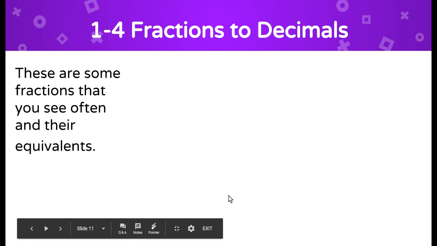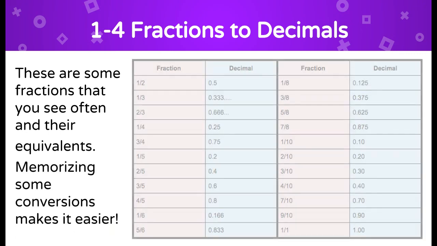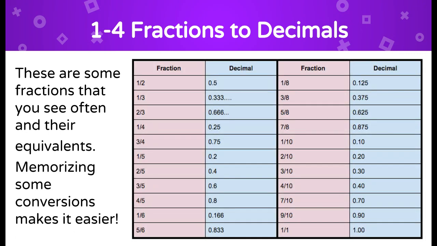If you notice, there's going to be fractions that we see a lot of the times. And so there's a nice little chart here that you can look at that has some very common conversions. So for example, 1/2, you probably knew that was 0.5 if you want to think of money like 50 cents. Another one to look at would be like 1/4 is 0.25. 3/4 is 75/100 or 0.75.